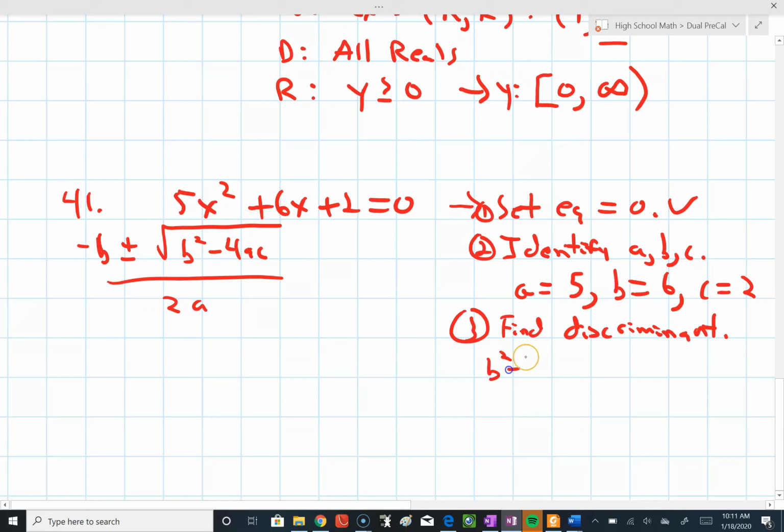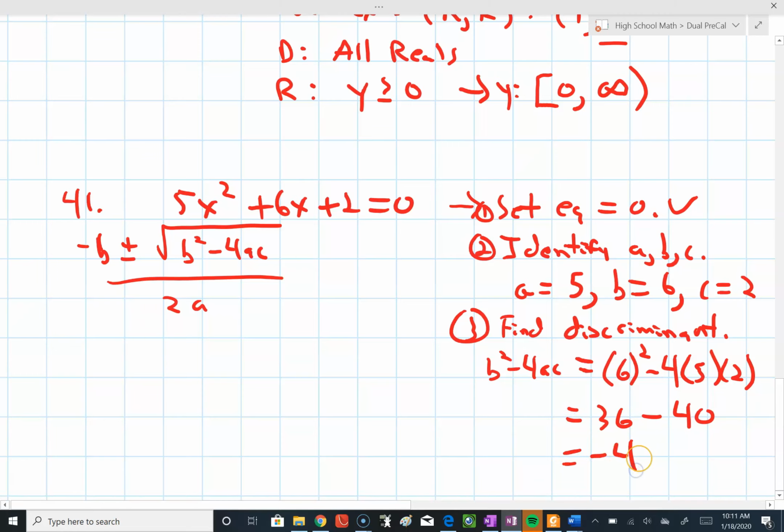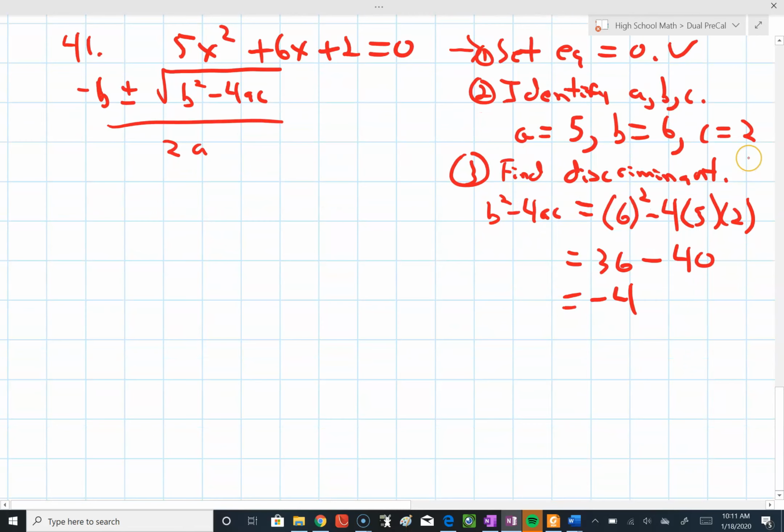Find that first. In our case, we have 6 squared minus 4 times 5 times 2. That's 36 minus 40. That is negative 4. The discriminant, I'm just going to call it D.